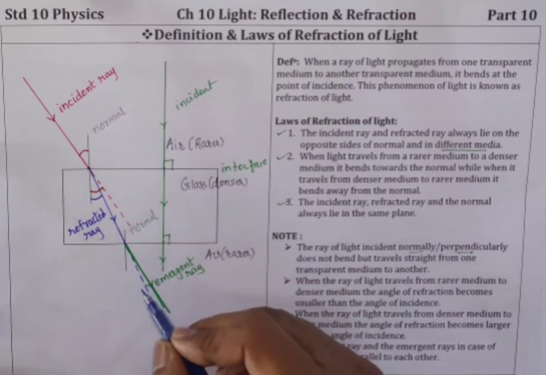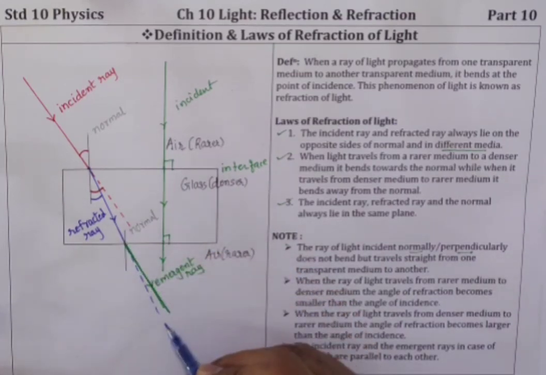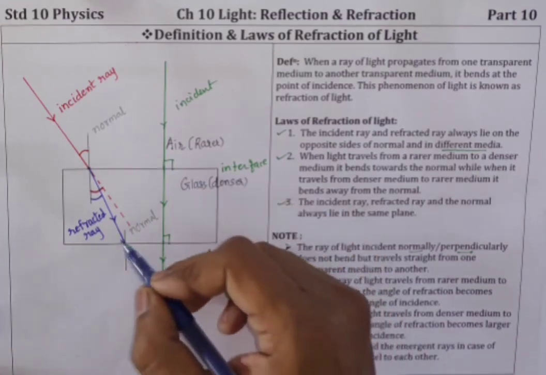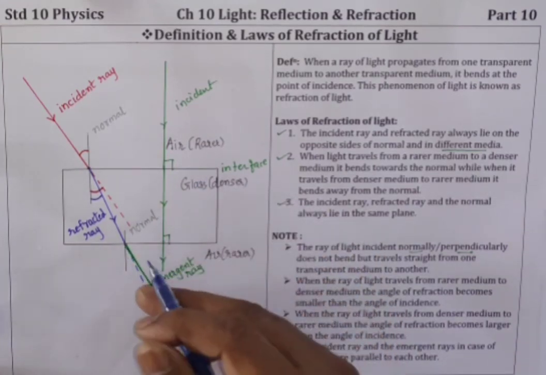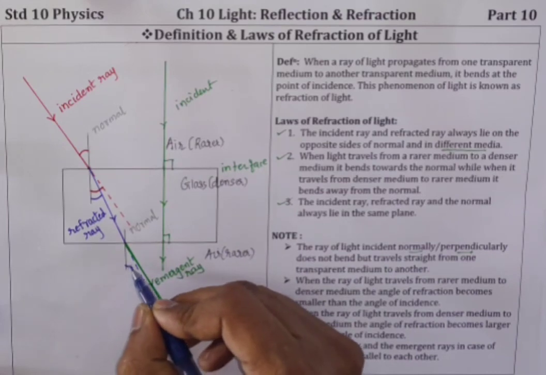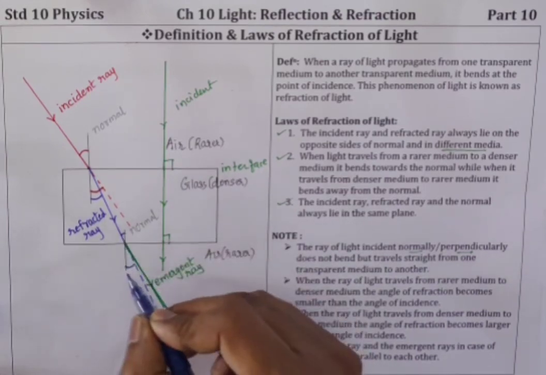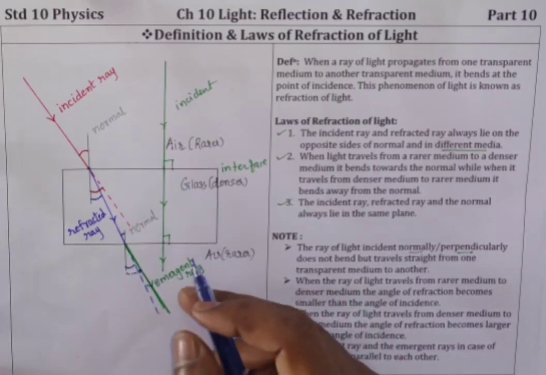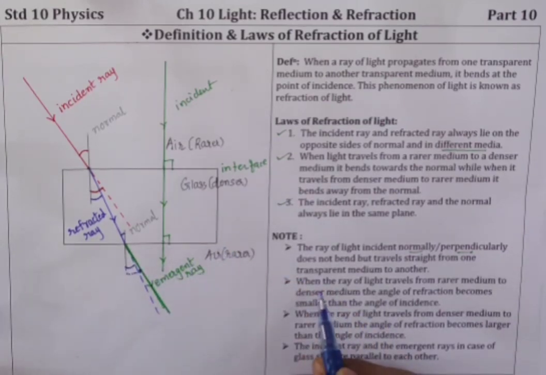Now look here. This ray of light would have traveled along the straight dotted line path if there was no different media here. But it is bending, and it bends to move away from the normal. Initially, these two angles are equal, but then this is a wider angle, a bigger angle. So that is the point here.